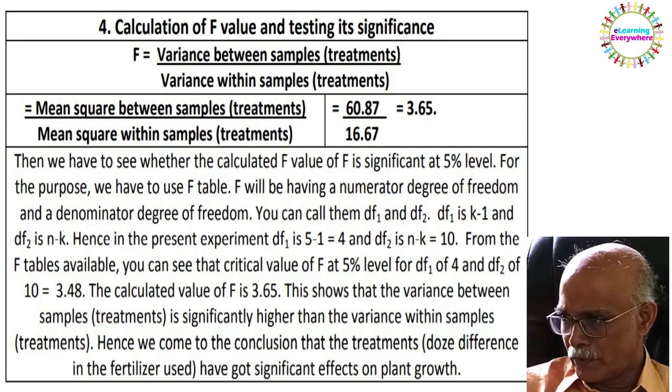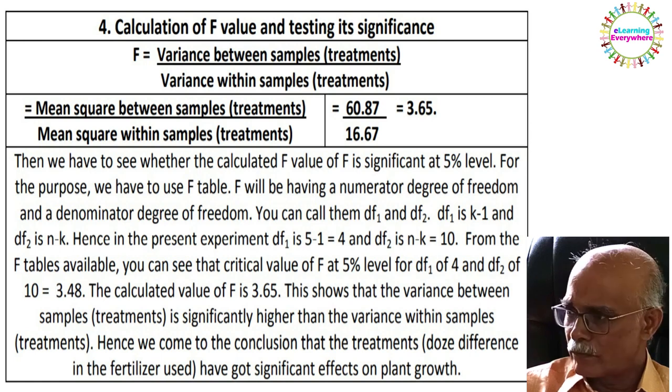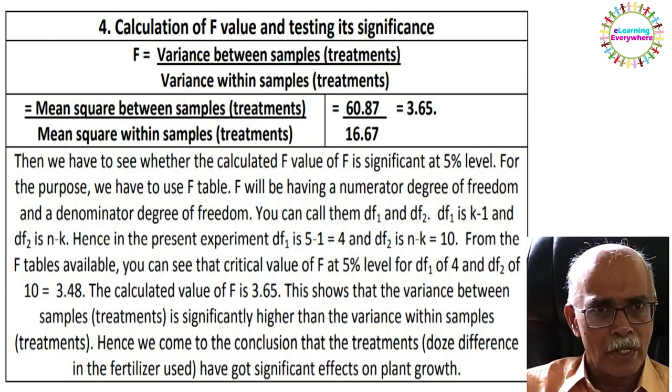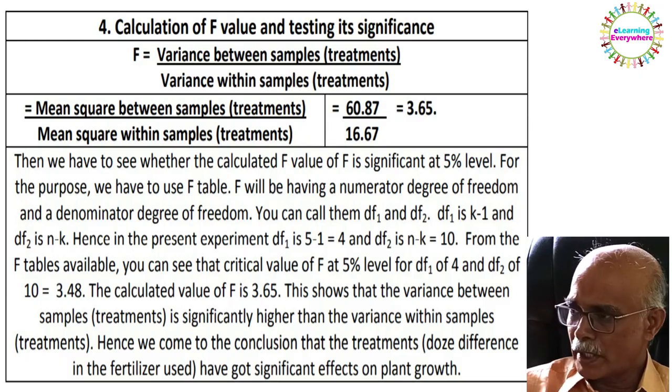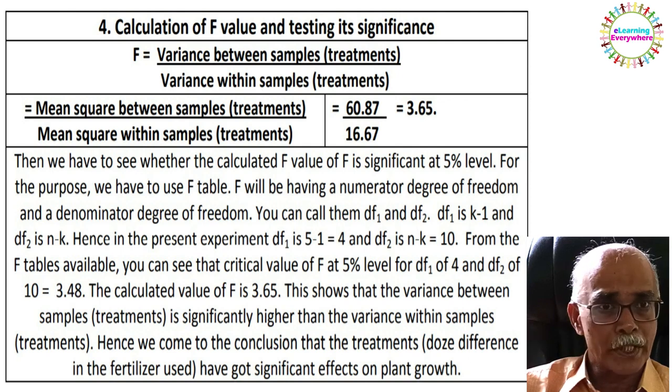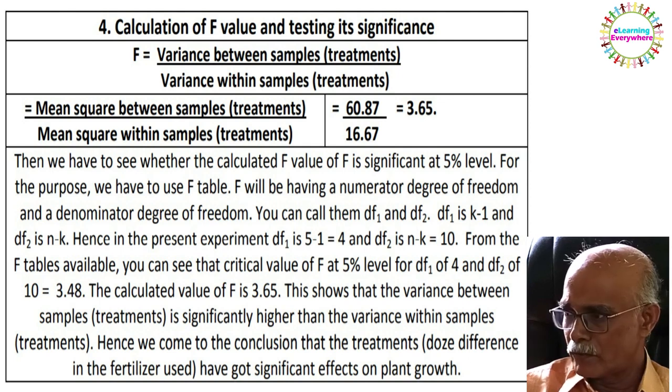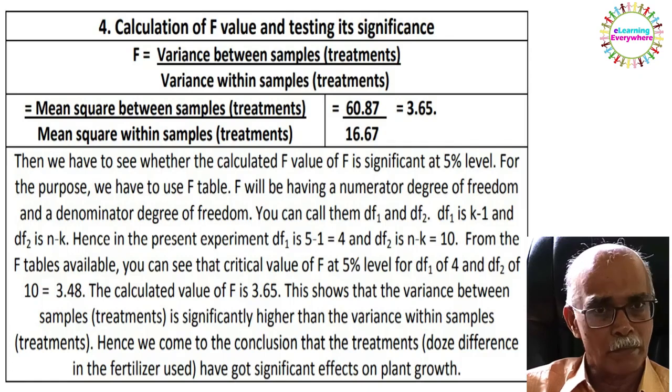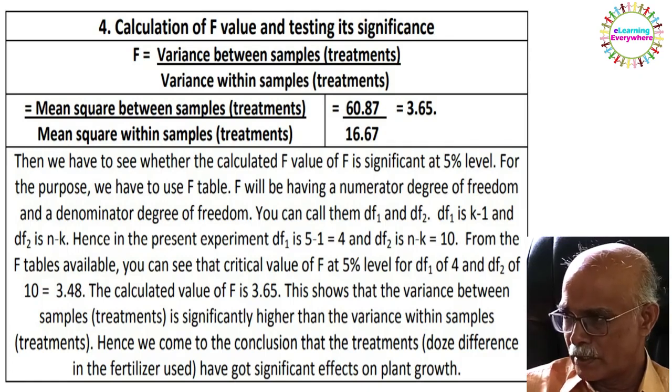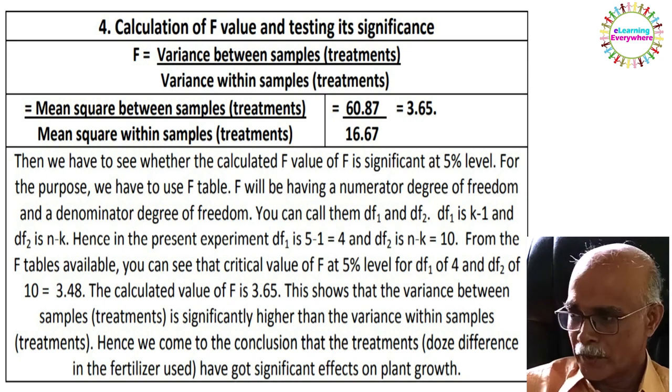There is variance between samples and variance within samples, so there will be a degree of freedom for the between treatment variance and a degree of freedom for the within treatment variance. As we have already seen, the between treatment degree of freedom is k minus 1, and the within treatment degree of freedom is n minus k.